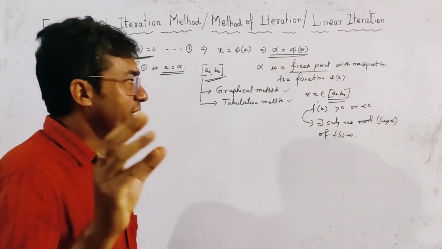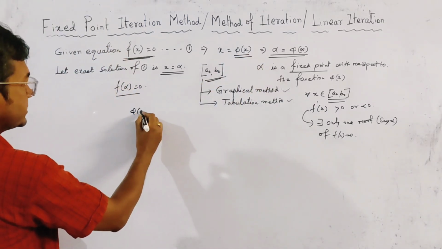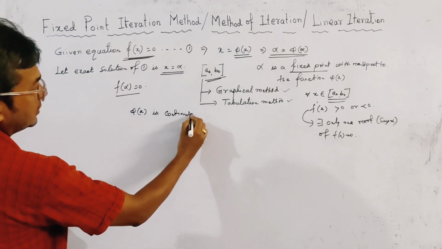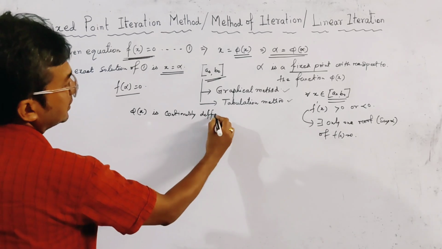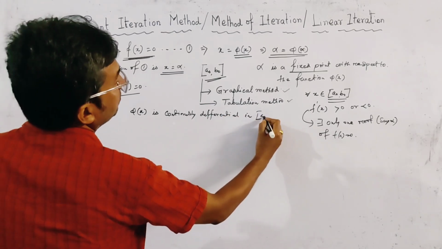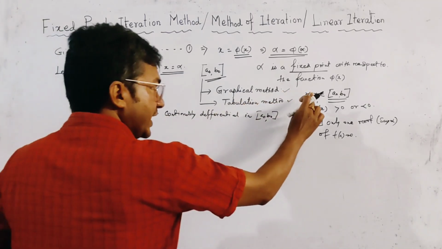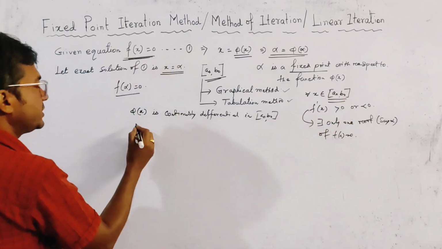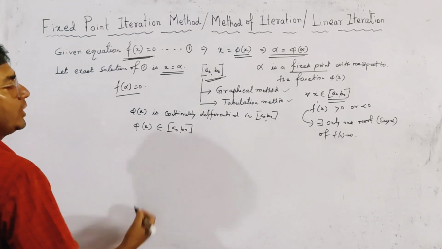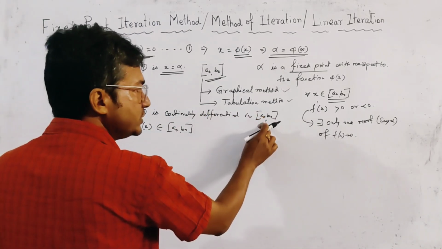We assume the function phi(x) is continuously differentiable in [a0, b0]. Since x belongs to [a0, b0], phi(x) also belongs to the interval [a0, b0], and we assume that phi(x) is continuously differentiable in [a0, b0].